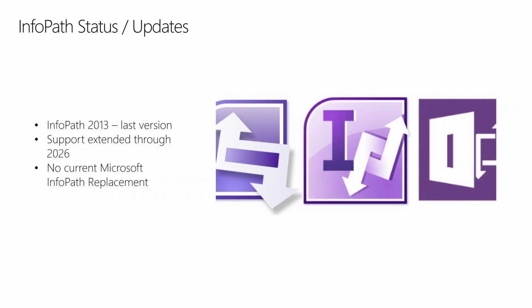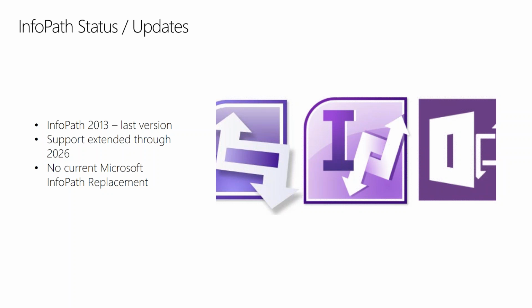With InfoPath, one of the things you're going to see is that InfoPath 2013 was the last version that they're going to use. They're going to have support extending that through 2026. I think what Microsoft ran into is that there were just a lot of people on InfoPath, and so they extended some of that support. There were a couple of initiatives that Microsoft was trying to undertake to create an InfoPath replacement, but currently there's nothing on the roadmap.